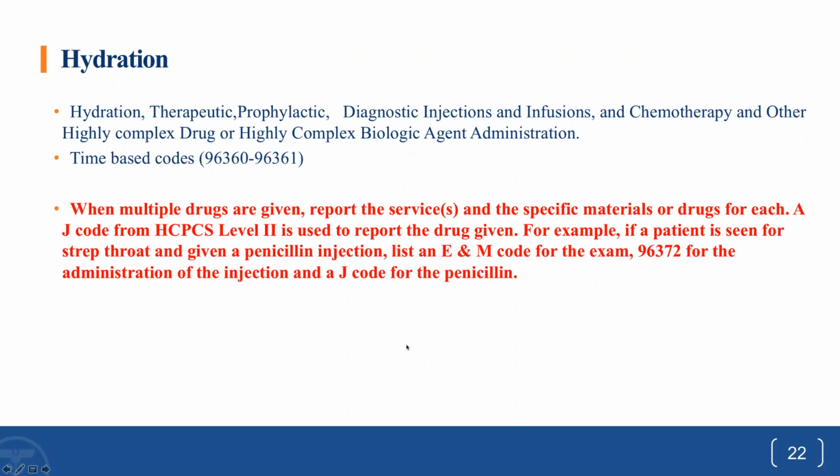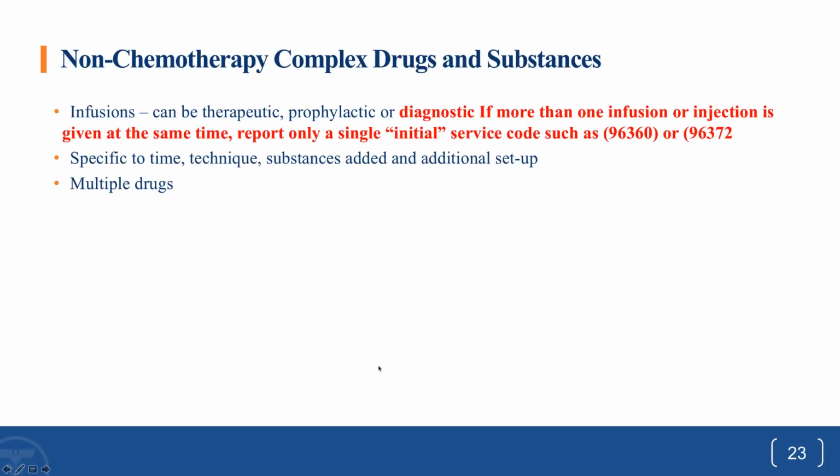Okay, and then if they're doing hydration and they're going to administer a particular drug at the same time, you would take the drug from your HCPCS codes. And remember, your J codes are the drug codes in the HCPCS. Okay, so it tells you if it's non-chemotherapy. So they're talking about infusions right now. Infusions are considered non-chemotherapy.